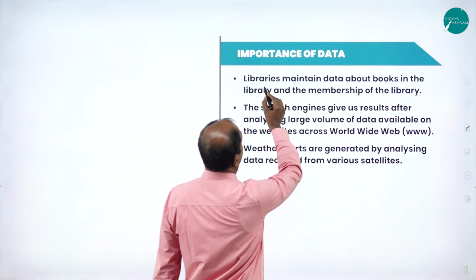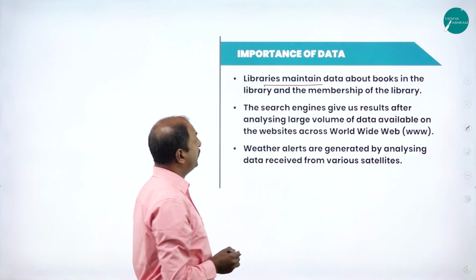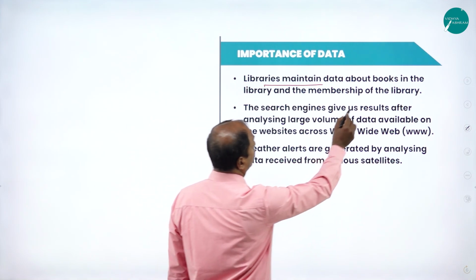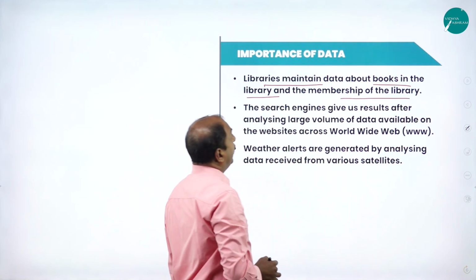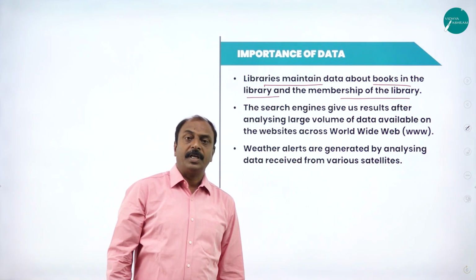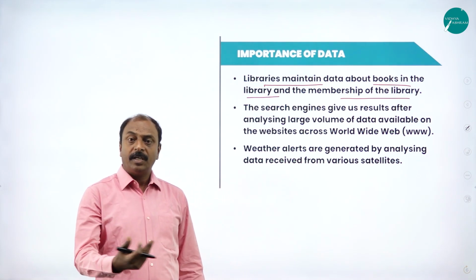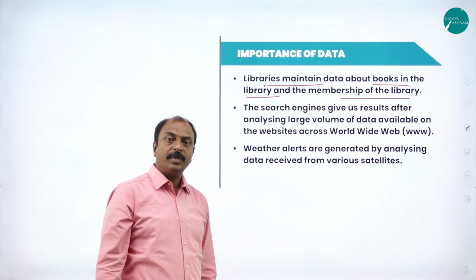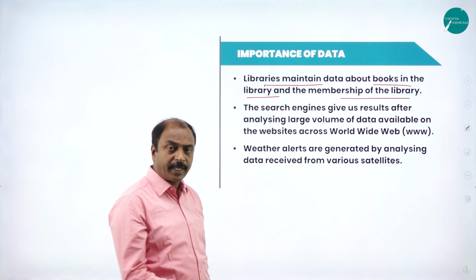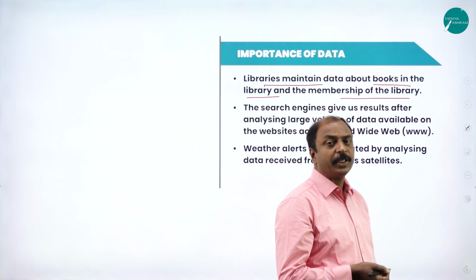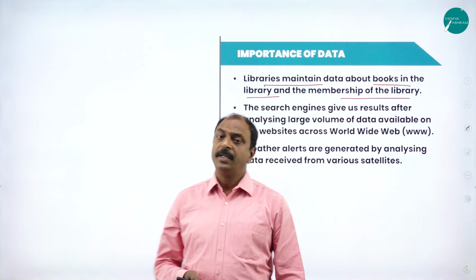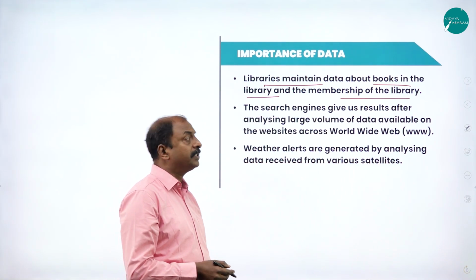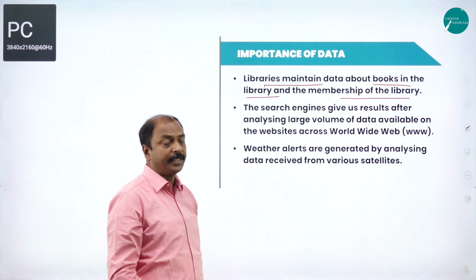Next one is libraries. Libraries maintain data about the books in the library and the membership of the library. If you are a member of a library and have taken a library card, whenever you want to take a book, you go there and get the book by showing your library card. All this is recorded in their register or on a computer. That is also an example of data.